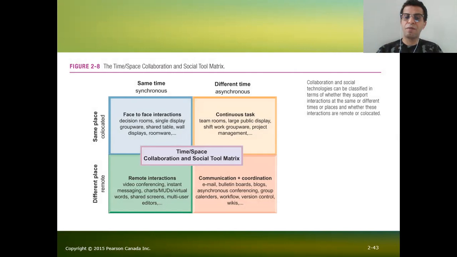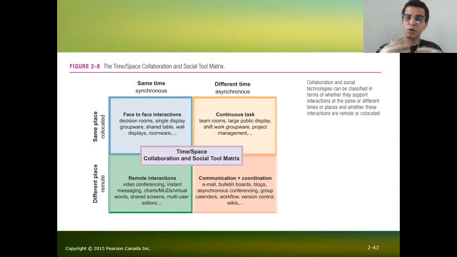But if you have the same time but different places, like with the international students here, you have remote interaction: video conferencing, instant messaging, chat, and all these things. And then we have asynchronous work, which could be in the same place or a different place, but not at the same time.